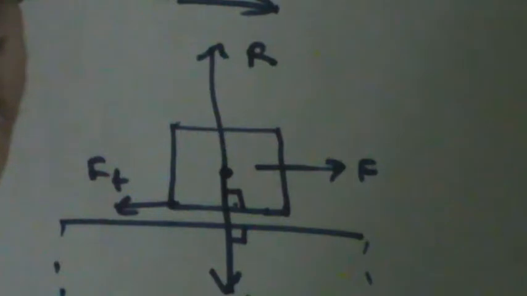So we have found from experimental data that at the limiting occasion, the frictional force applied on this object is directly proportional to the value of R. So R is sometimes also called the normal force, as it is called in some notes.